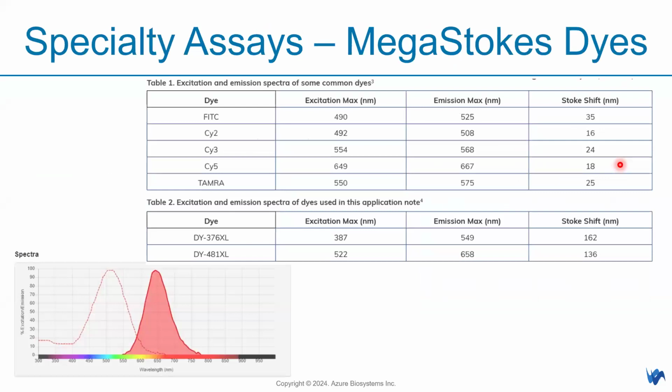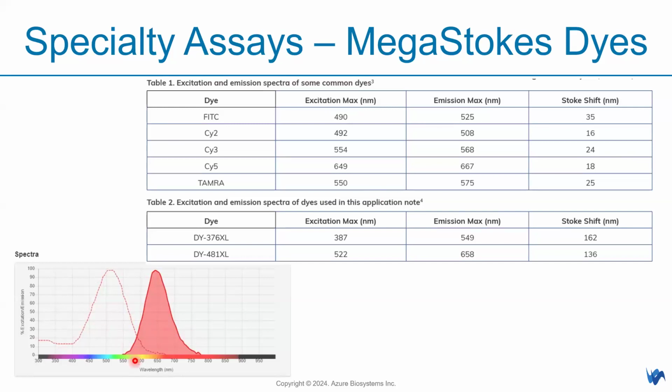Another thing will be mega Stokes dyes. So normally in fluorescence signals, either be Azure Biosystems fluorescence, or ICC or IHC, ideally we want to have the excitation and emission wavelength sufficiently separated from the excitation light.